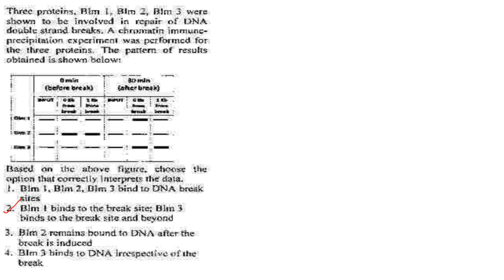So next question. Three proteins BLM1, BLM2, BLM3 were shown to be involved in repair of DNA double-stranded break. A chromatin immunoprecipitation experiment was performed for the three proteins. The pattern of results obtained is shown below.